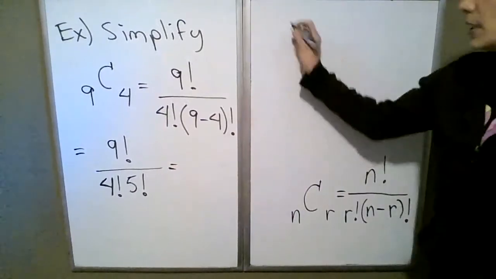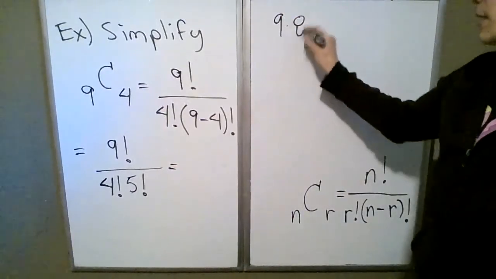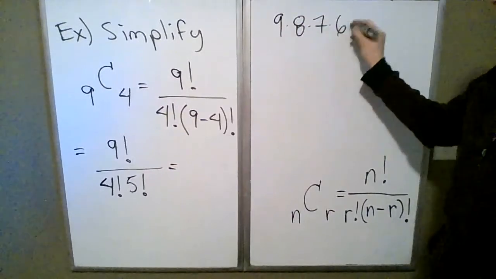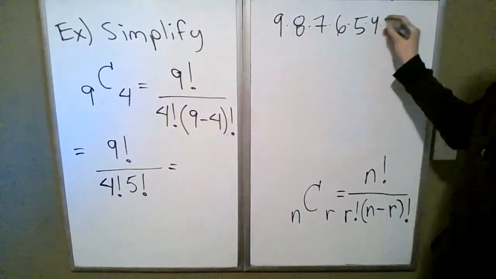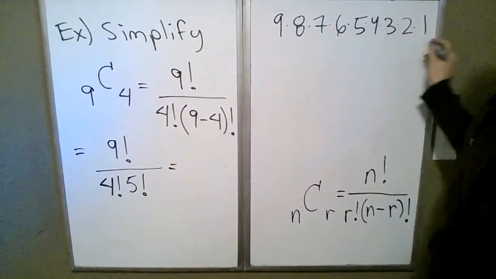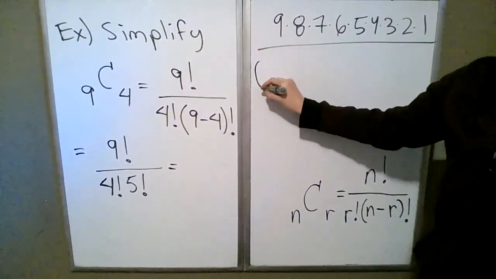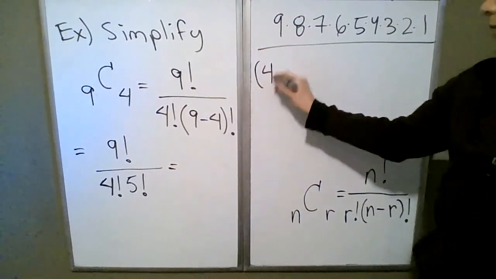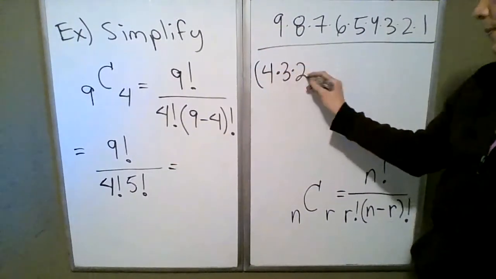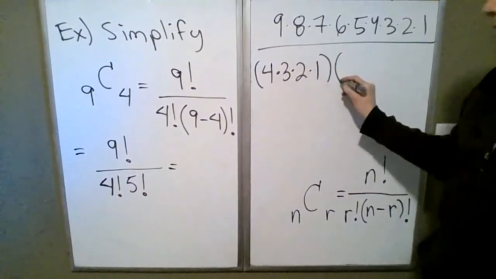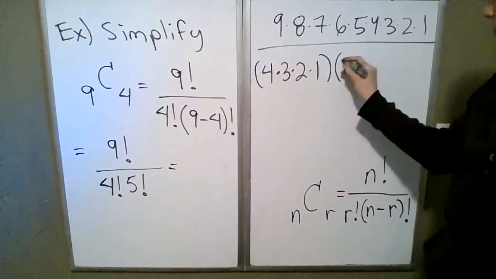We've gotten to 9 times 8, and 4 factorial, I'm going to keep in parentheses. Same with the 5 factorial.